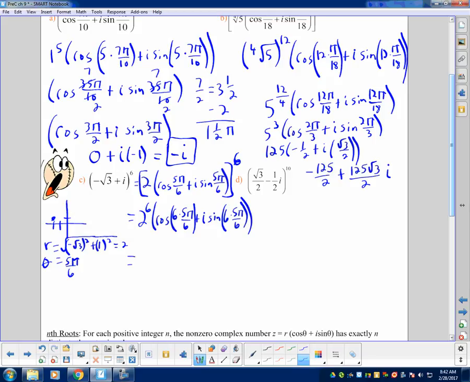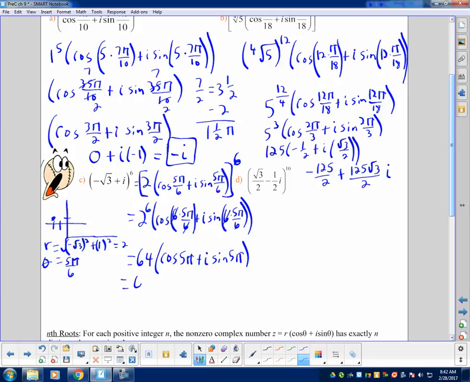So take and multiply 6 times each of those angles. 2 to the 5th is 32, so 2 to the 6th is 64. And in parentheses I have cosine of 5 pi, the 6's cancel out, plus I sine 5 pi.